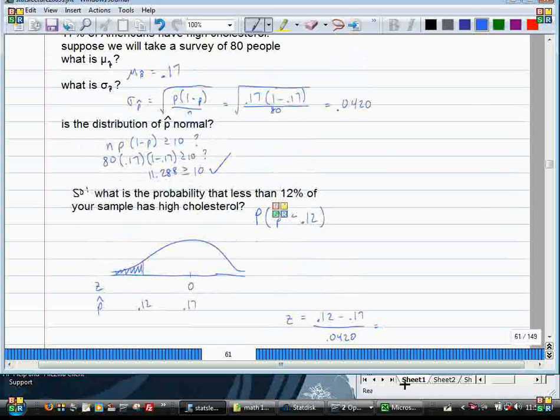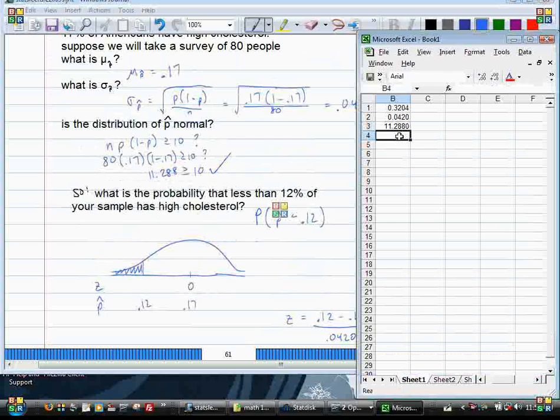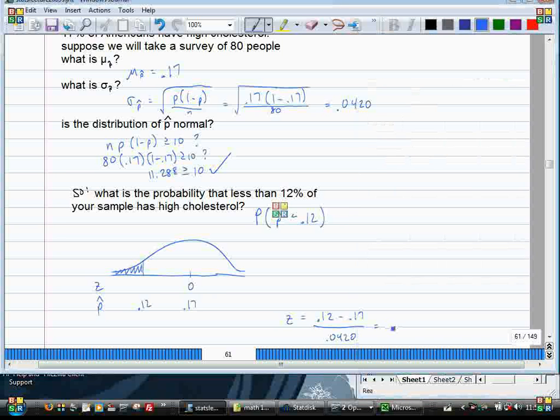So now we have to work that out. That's negative 1.1905. So we can now fill that in on the picture. Now that we have the z-score, what do we do?